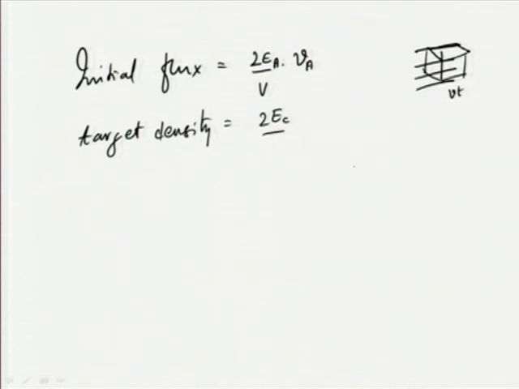So, essentially what we have is, initially you have particles of type A and C, in the same volume V.